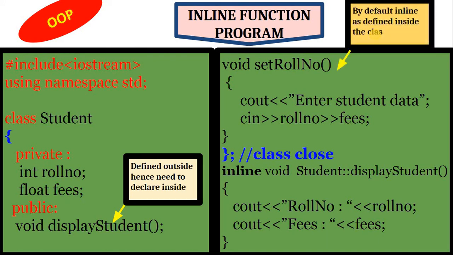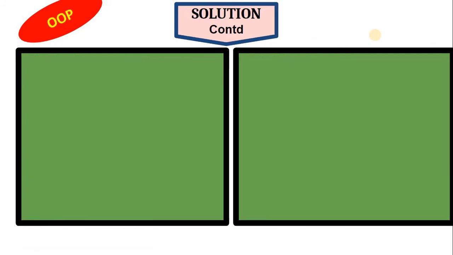And now set roll number by default becomes inline, because each function which is defined inside the class is by default inline. So remember, dear students, two things: any function which is defined inside the class becomes by default an inline function. And to make a function inline explicitly, you have to write the inline keyword before its definition.